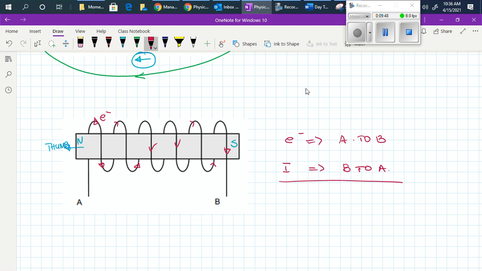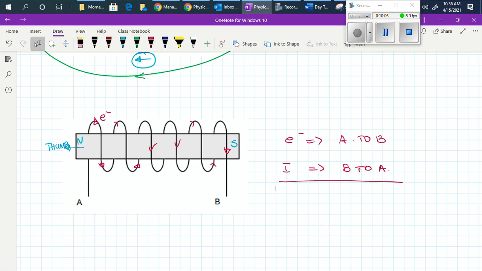So pay attention to what they are telling you, what they are looking for. Are they looking for the direction of the motion of the electron, or the direction of the intensity of the current, or the current?